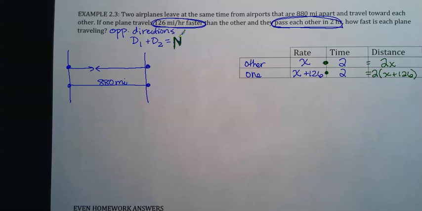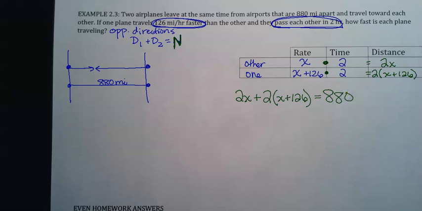So we're going to add these two distances this time. So we're going to take 2x and add it to the quantity 2 times x plus 126. And that's going to equal that total distance, which we know is 880.